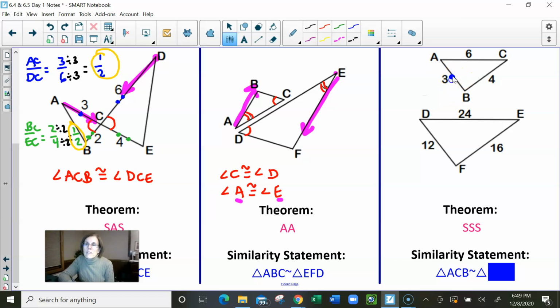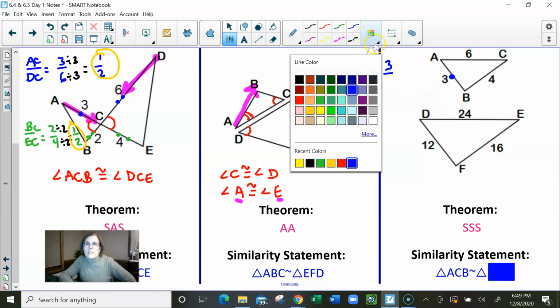If I have AB, now here, this could be tricky if things are twisted or rotated or flipped. But notice, here's what I'm going to do. I'm going to list these out, see if I can have enough room.